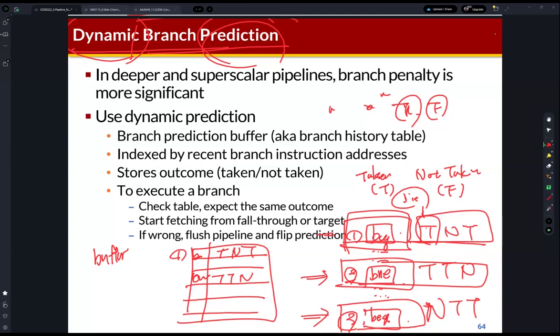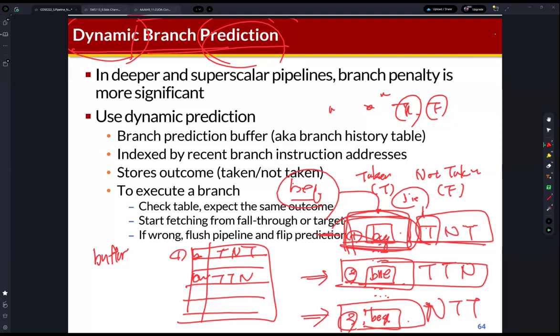Then how can you identify these multiple branch instructions? Identify means that we can check, oh, the current branch instruction is here. And then if this branch instruction is fetched, like a BQ, then we need to identify this branch instruction in order to check the previous result.